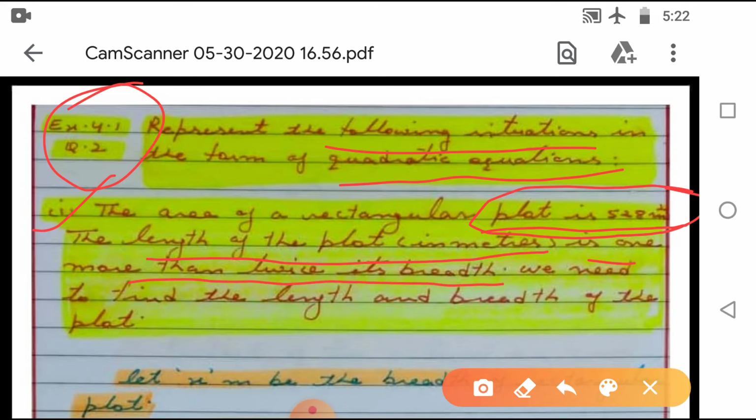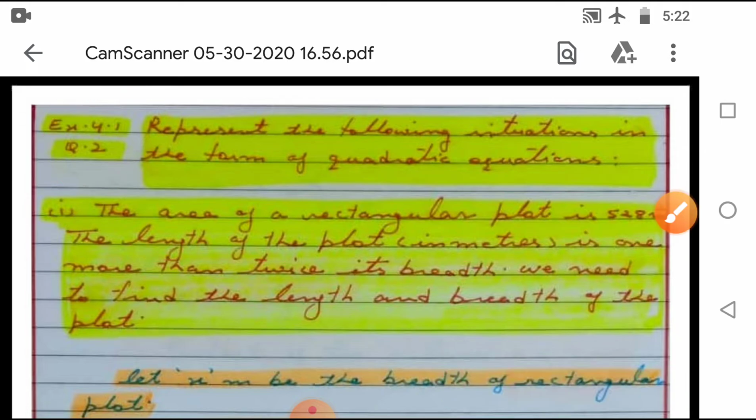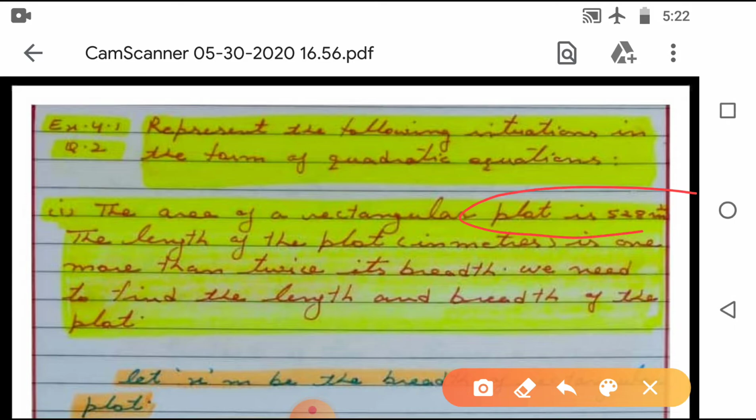So, this is the condition given. The length of the plot is 1 more than twice its breadth. We need to find the length and breadth of the plot. So, once again look at here. The area of a rectangular plot is 528 meters square.